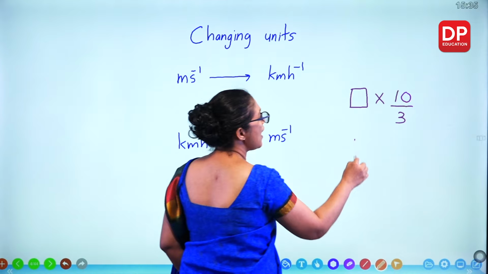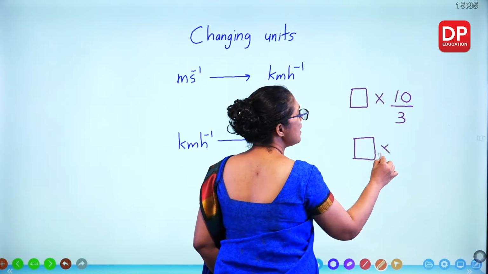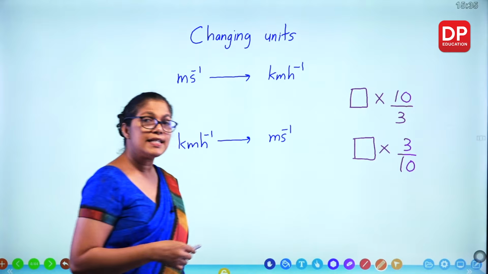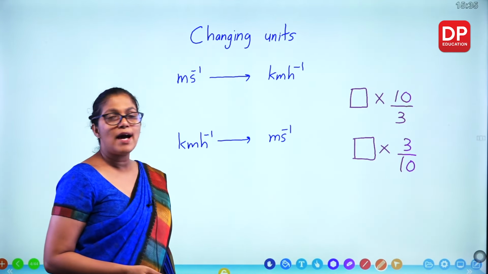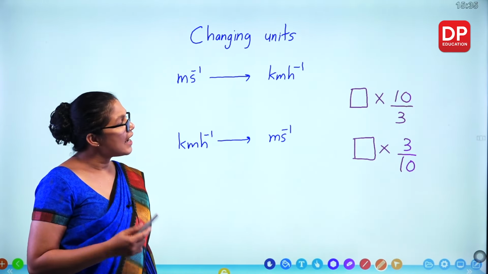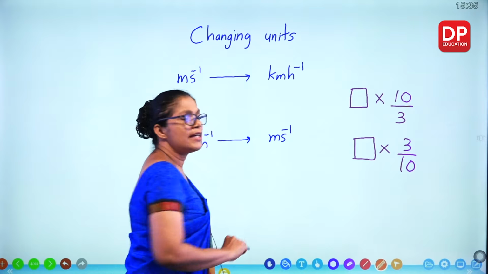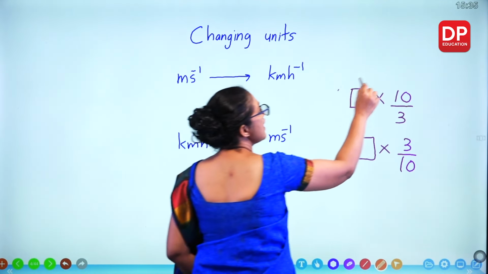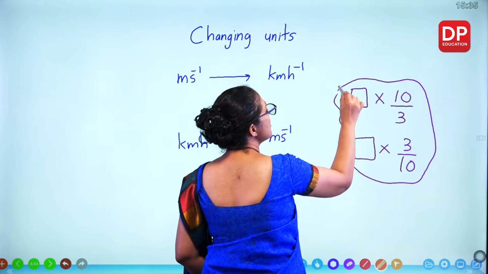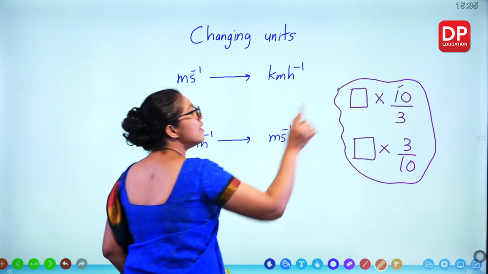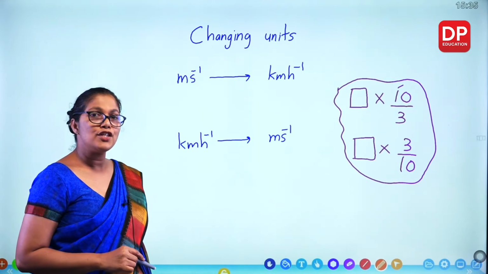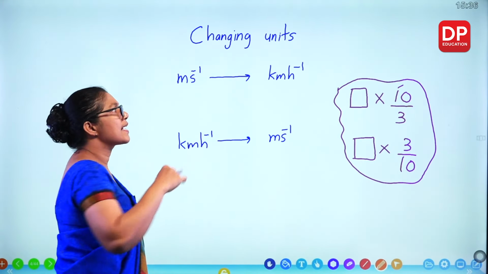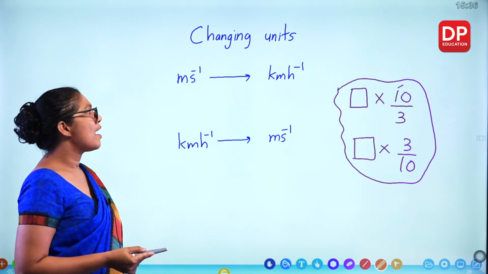When you multiply the same number by 3/10, the denominator is now a bigger value than the numerator, so you get a smaller value here. So we'll take that theory and see what ratio we need to multiply to convert meters per second to kilometers per hour.